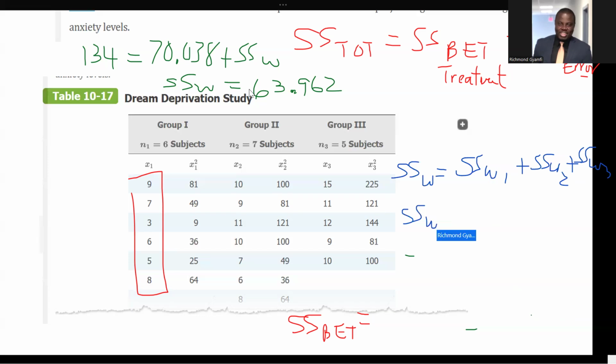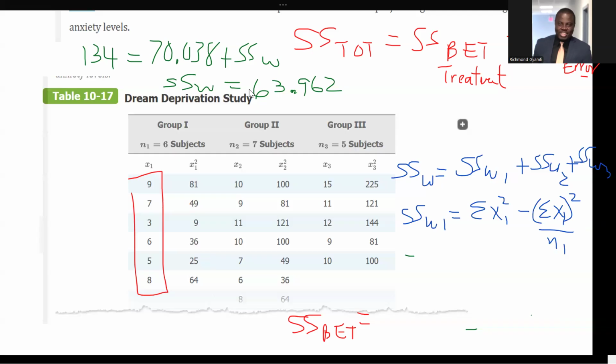SSW1 is going to be summation of x squared for group 1 minus summation of x1 all squared over n1, like that. You see that?